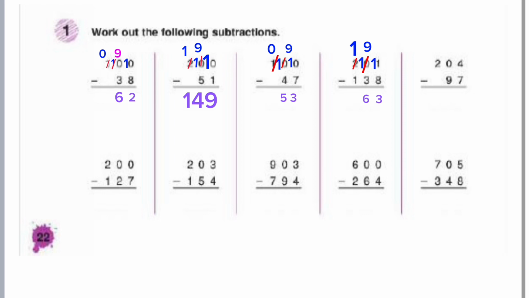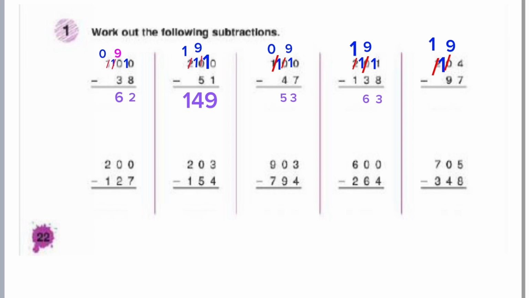Now operation 5, 204 minus 97. The same. 4 minus 7, we can't subtract. So 4 tends to borrow from the tens digit, but the tens digit is 0. So now the 0 in the tens digit will borrow from the hundreds digit. So the 2 in the hundreds digit will become 1, and the 0 in the tens digit will become 10.